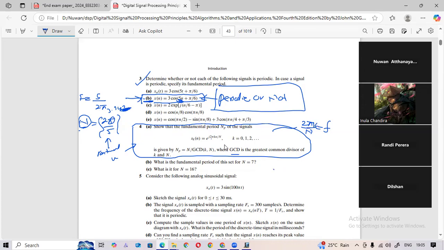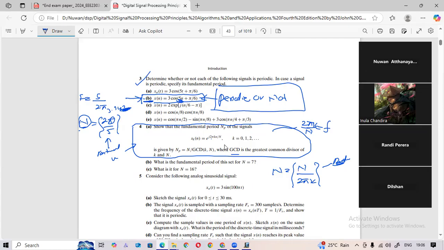If you consider the period, it will be n divided by 25k. So this should be a rational value. For that, k should be able to make this statement rational.